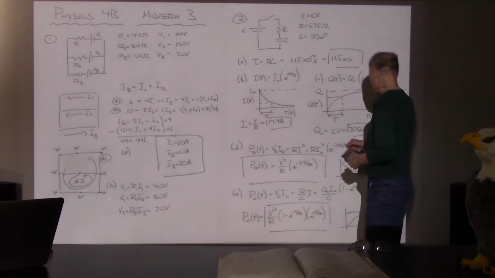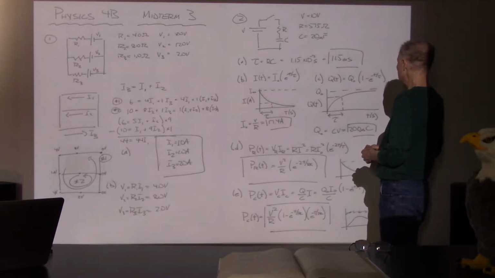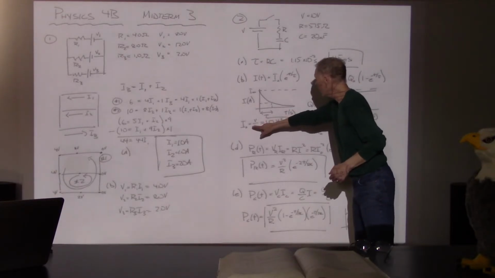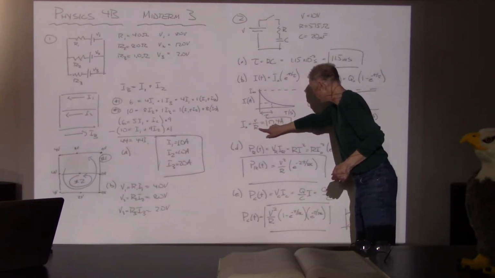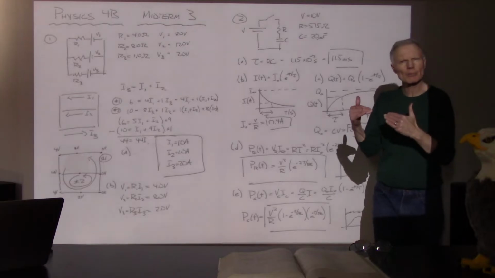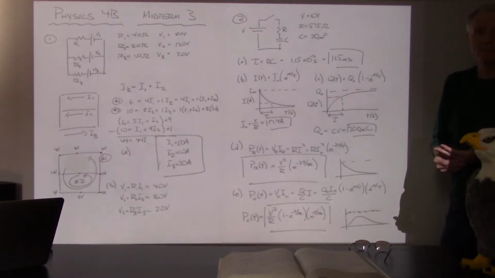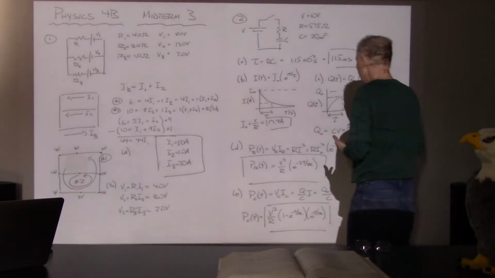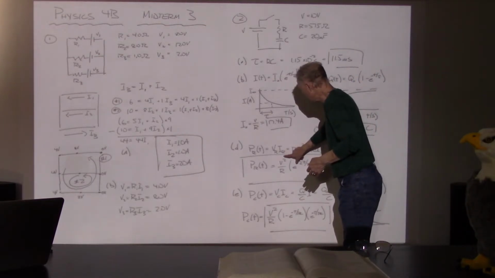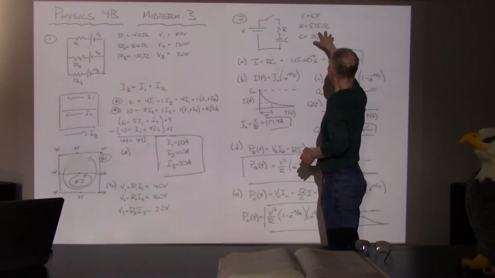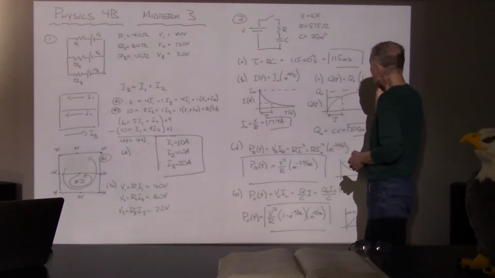Now I took the R times I naught, and I took out the I naught and replaced it with V over R. So I wanted to get it back in terms of the original values that were given, and that's kind of standard practice on our exams. So I ended up with V squared over R, where V is the 10 volts of the battery, and R is 575 ohms.